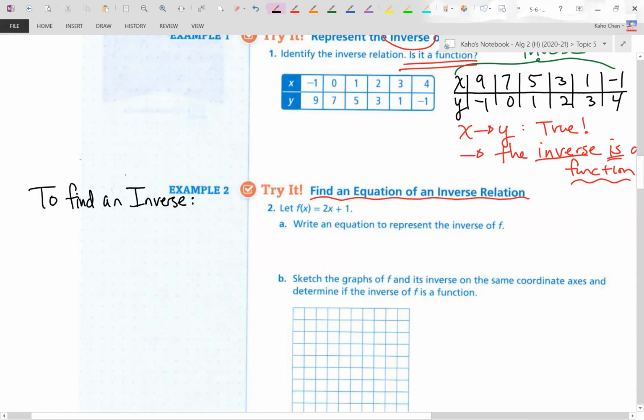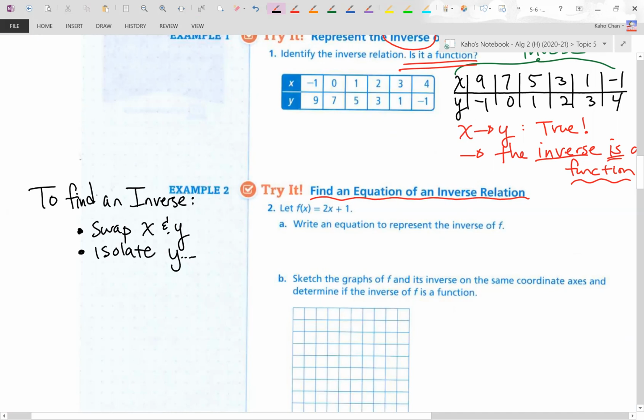The key is to swap x and y algebraically. Aren't we swapping the domain and range up there? Next, isolate your variable y. And that's it. That's how you find that equation algebraically.